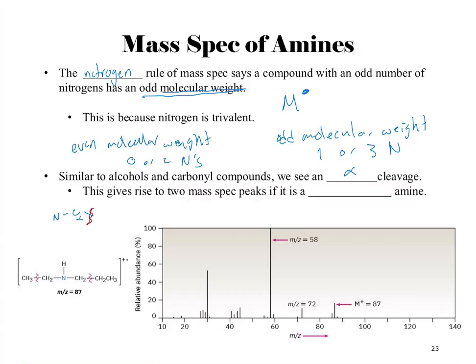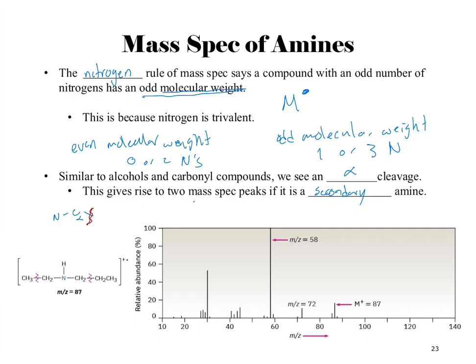And so if we have 2 mass spec peaks, we have a secondary amine. If we have 3 mass spec peaks, then it is a tertiary amine. And 1 mass spec peak means we have a primary amine.